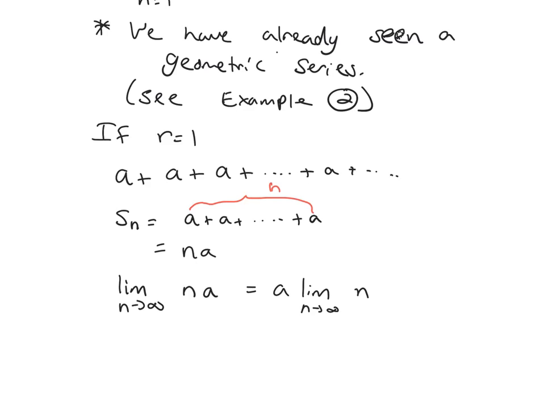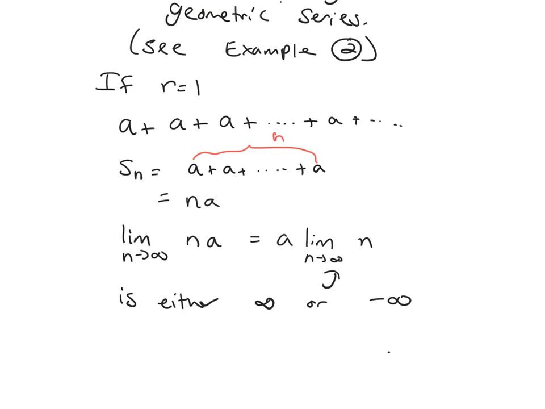Okay? So this is either infinity or negative infinity, and the sign depends on whether A is positive or negative. It doesn't really matter though. I took the limit, and either I get infinity or negative infinity. What does that tell me? Does my series converge or diverge? It diverges. In either case, it diverges.